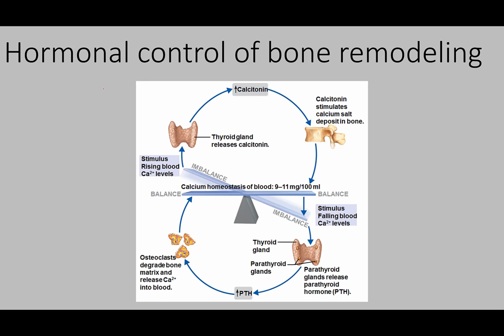Okay, now moving on to the other aspect of the thyroid gland. We said those parafollicular cells, or the C cells, the clear cells. Now we're going to be moving away from everything that we just talked about with the follicles. Now we're going to be talking about calcium homeostasis.